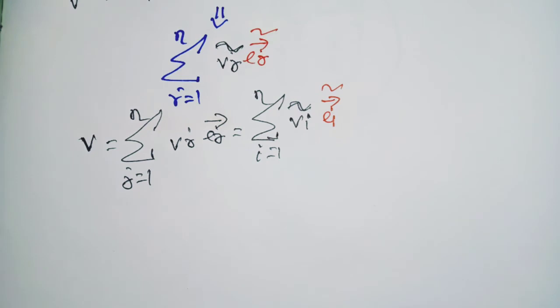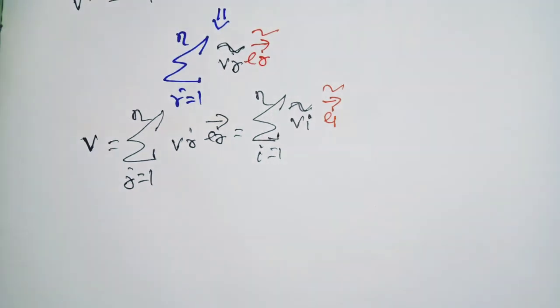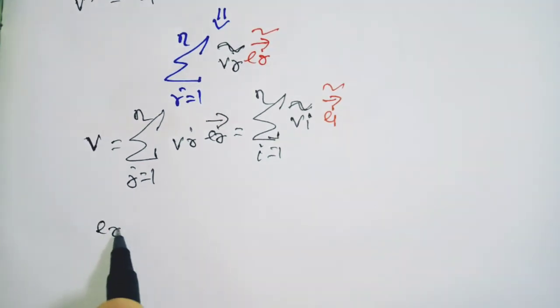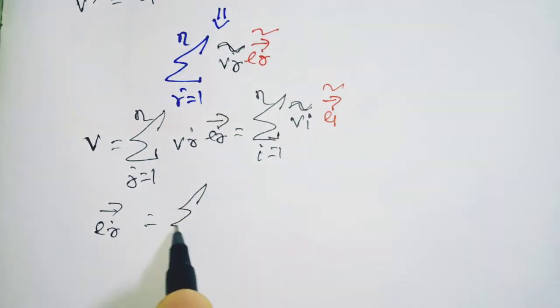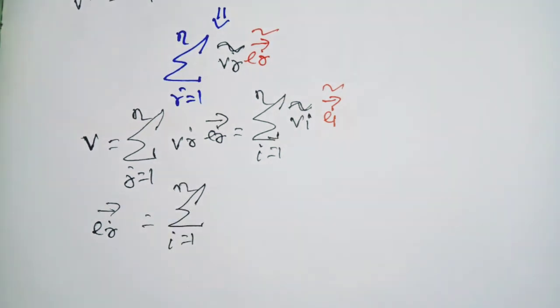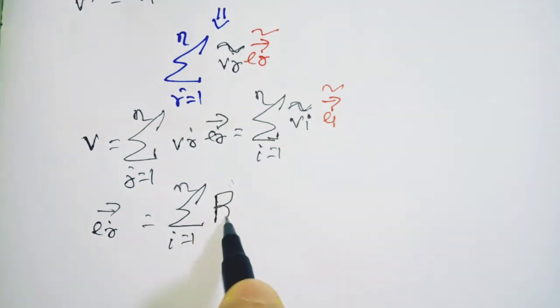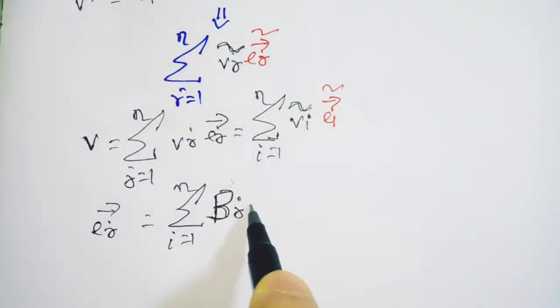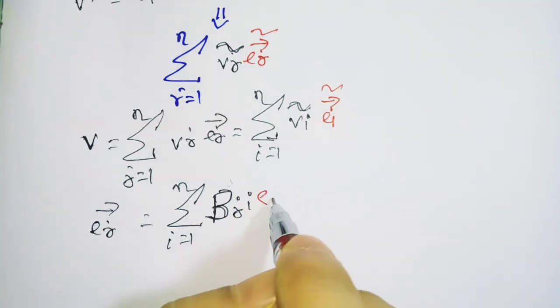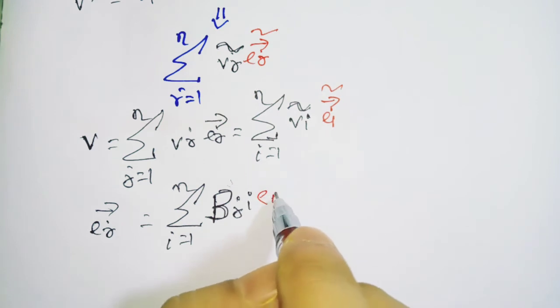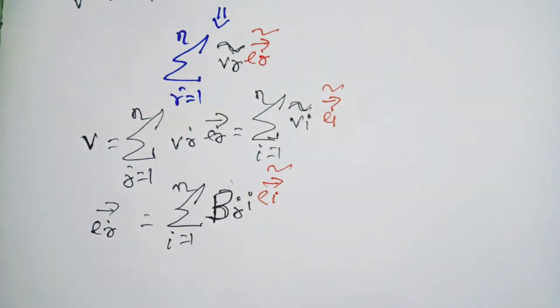For the backward transformation, I will take this part: ej equals, taking out the backward transformation, which if you remember is the sum over i equals 1 to n of b, b for backward transformation, with indices b j i, and ei tilde, right. So this is with our old basis. So this is the backward transformation.